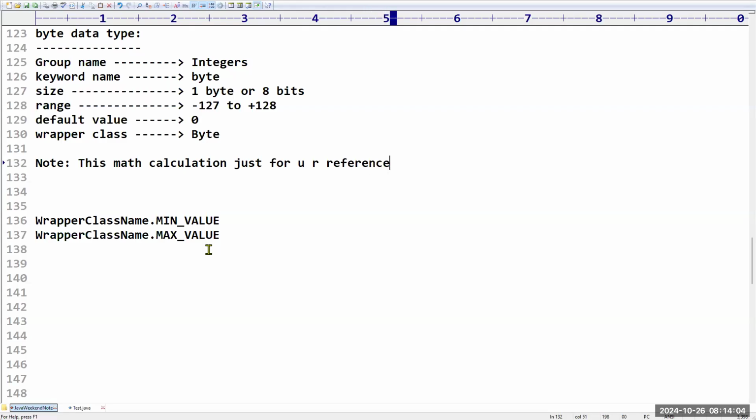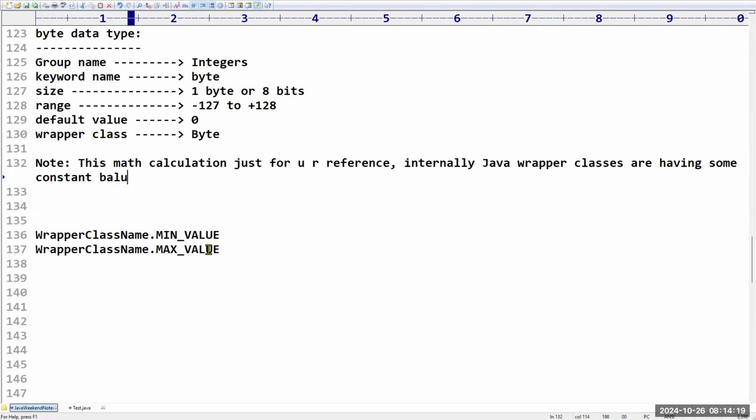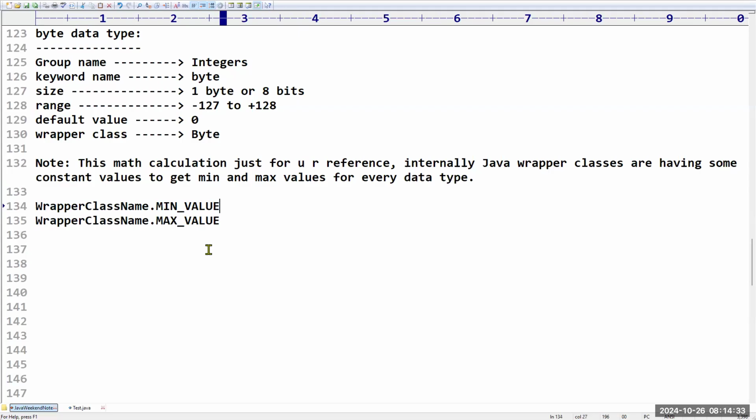Internally, Java wrapper classes have some constant values to get minimum and maximum values for every data type. I hope you understood the terminology which I am trying to demonstrate. Any questions, guys? No questions from my end, sir.